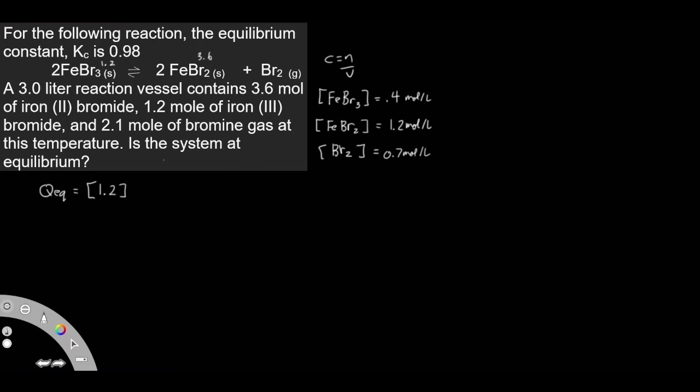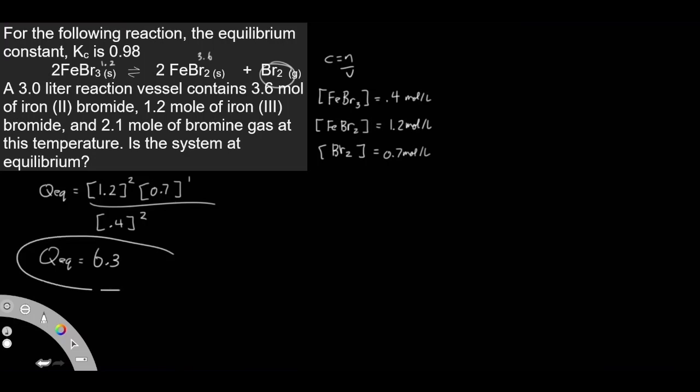So we got 1.2 to the power of 2 multiplied by our Br2, which is 0.7. Obviously this is to the power of 1, there's only one coefficient. Then this is all divided by our FeBr3, so that's this one over here, and of course this one has to be to the power of 2 as well. What do you end up getting? You end up getting 6.3.